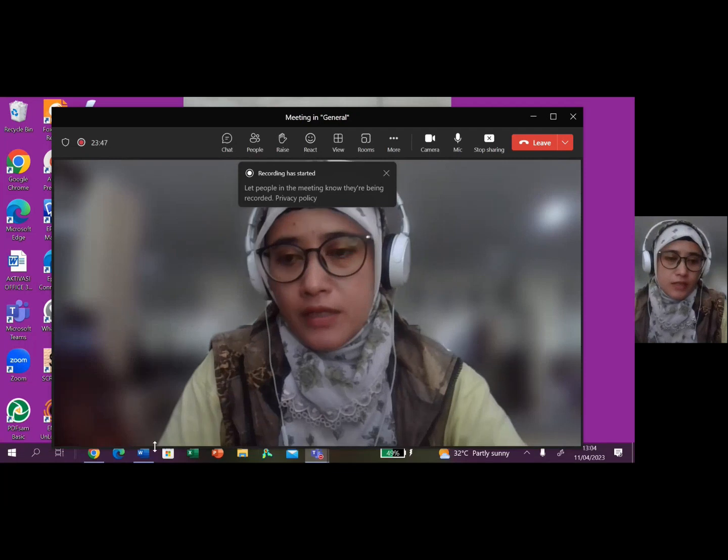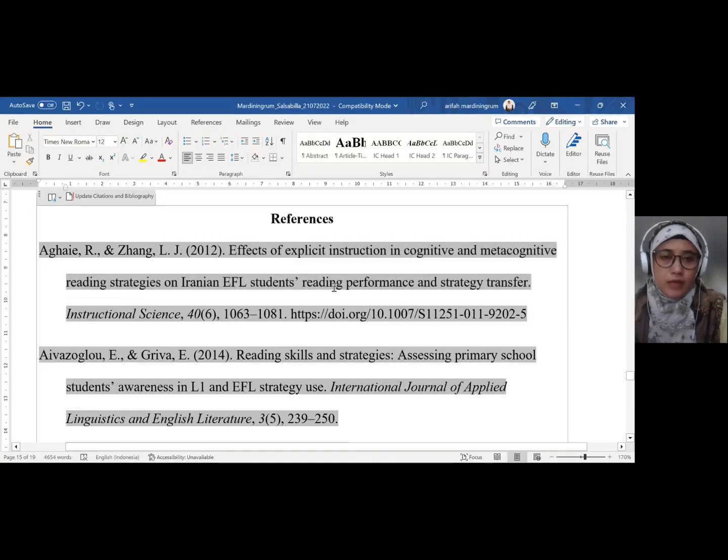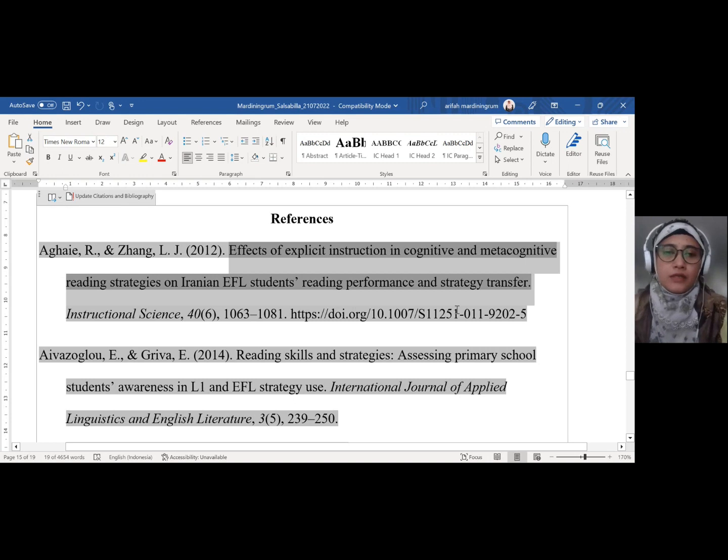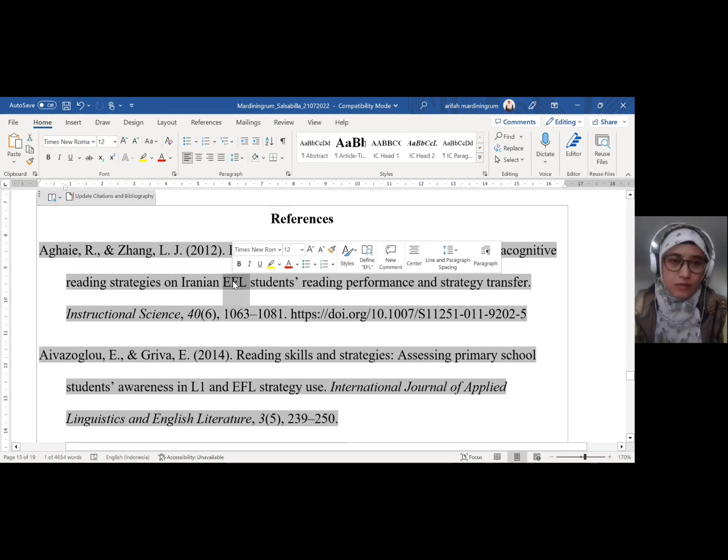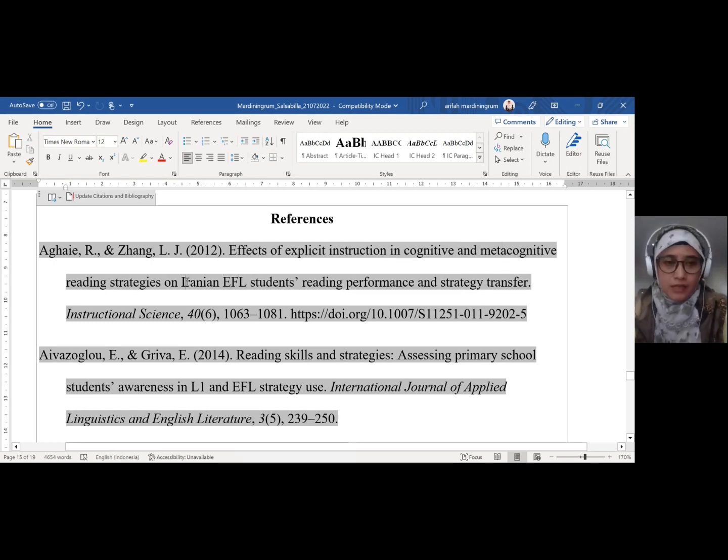Now let's take a look at how it's written here. As you can see here, all the words of the article titles are already written in lowercase. There are no capital letters except for abbreviations. So this is correct. Iranian, okay, Iranian, I don't know which one is correct.